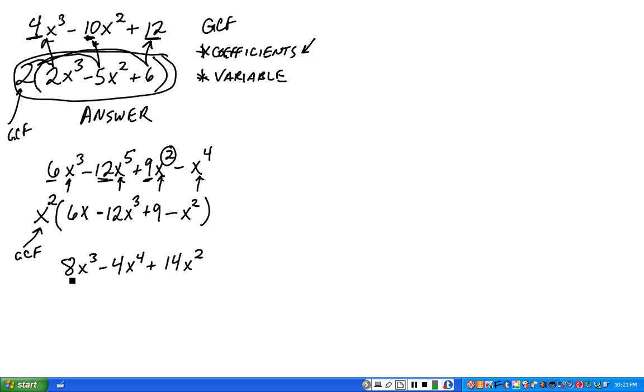And so I look, I have an 8, negative 4, and a 14, all even. The only number that I know that goes into 8, 4, and 14 is 2. Well, the greatest factor I know 1 goes into them, but the greatest factor other than 1 is 2. So I know I can pull a 2 out, so I check the coefficients. So now I want to check the variable.